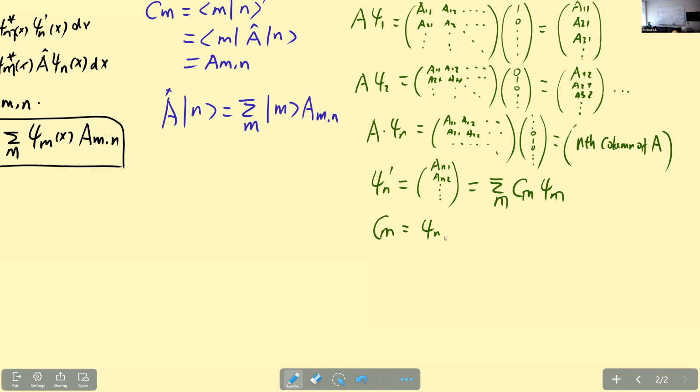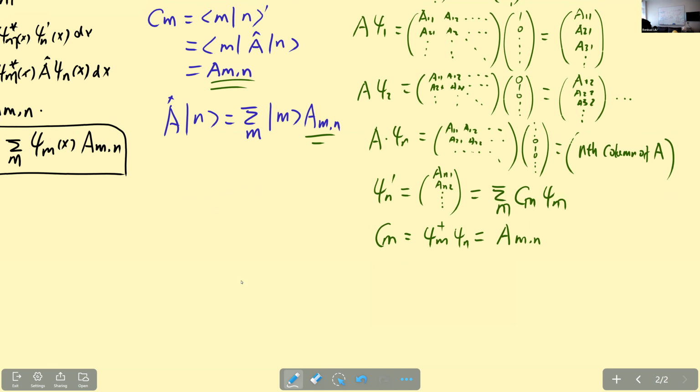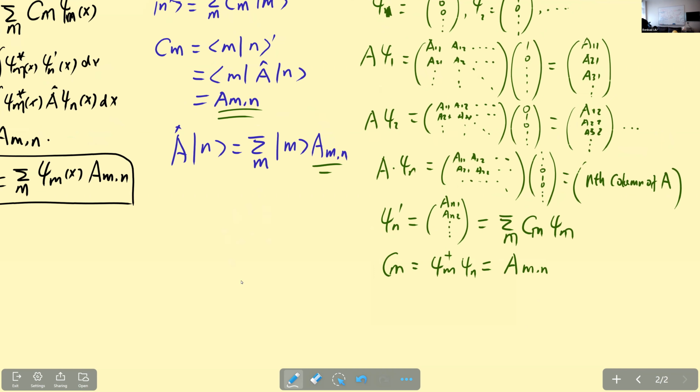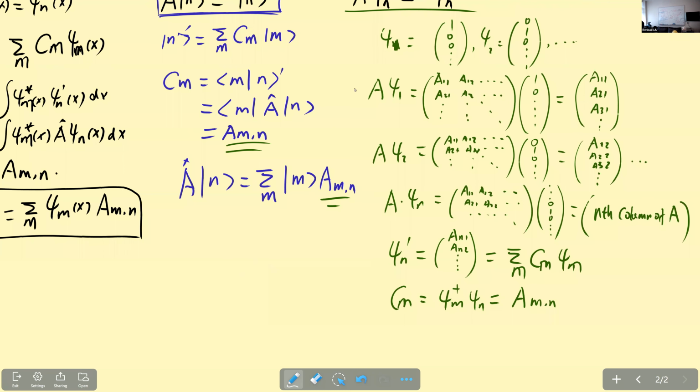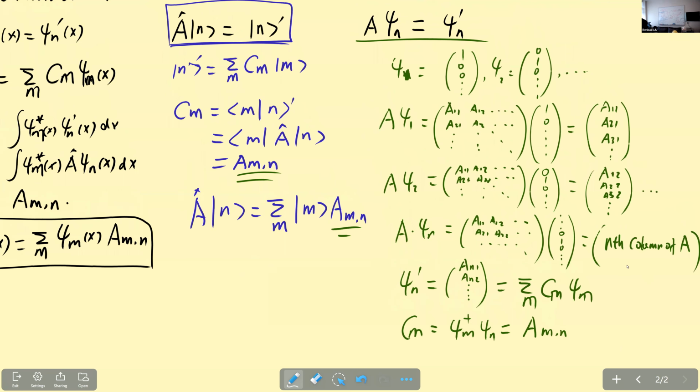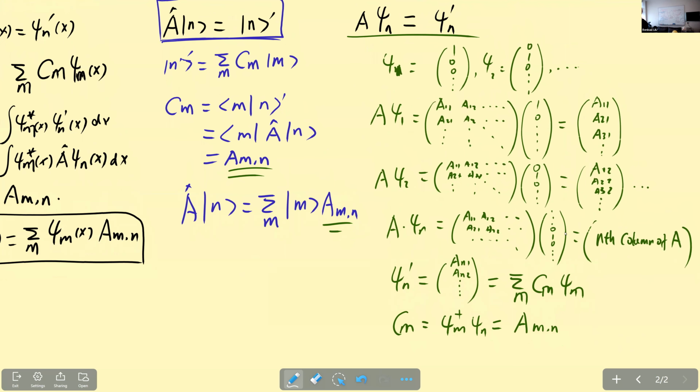CM equals to percent M DAC and percent M. Okay, so this is nothing but just A M M. So now you can compare all of this one actually consistent, right? Okay. So what does this mean? That means the matrix form. So all of this will give us a matrix representation.